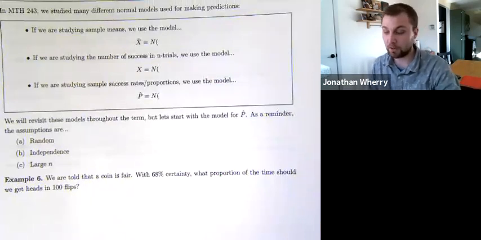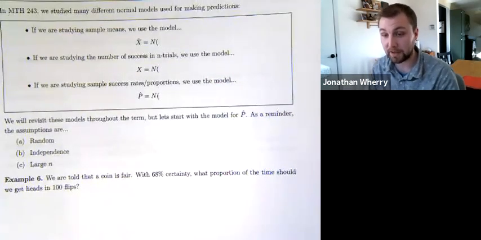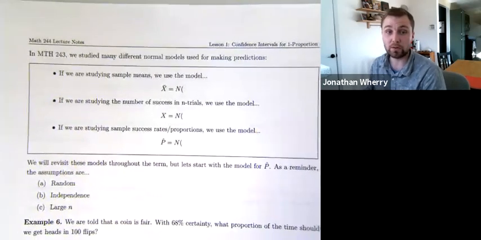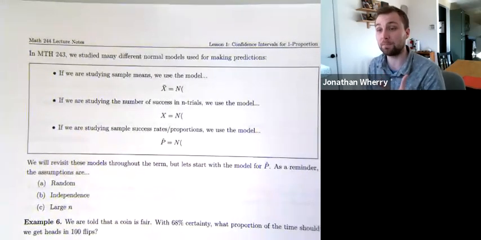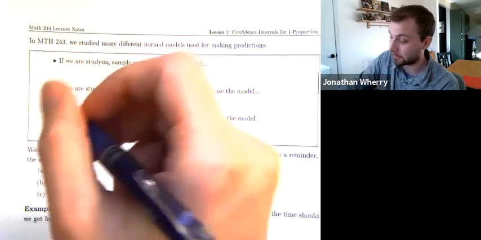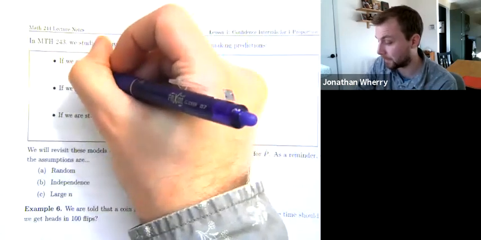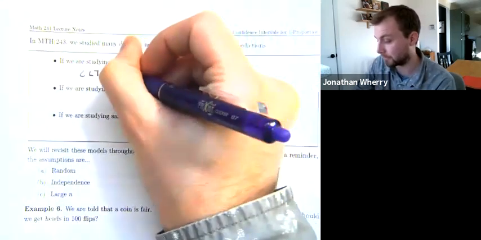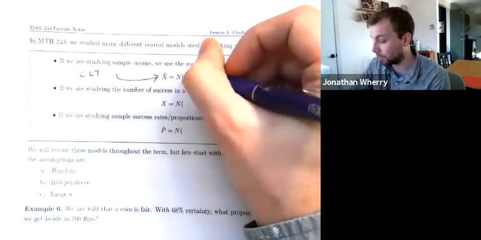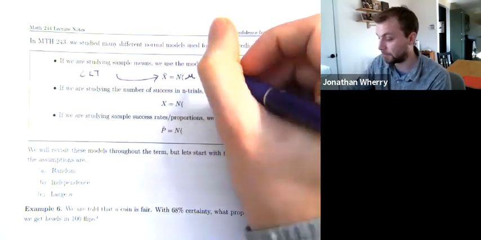I mentioned a moment ago that this was a model that showed up a lot and would help me make predictions. In Normal Stats 1 course, you learn about 3 distinct models that show up a ton. One of these models is called the central limit theorem. I abbreviate it as CLT, like a delicious math sandwich. It says that averages follow a normal distribution with the center of mu.